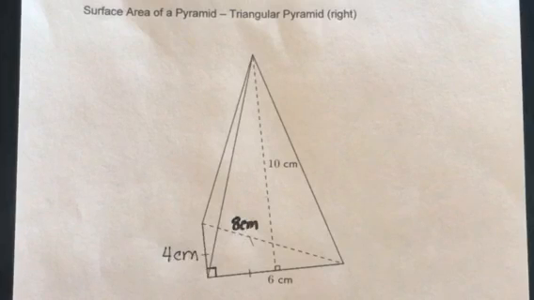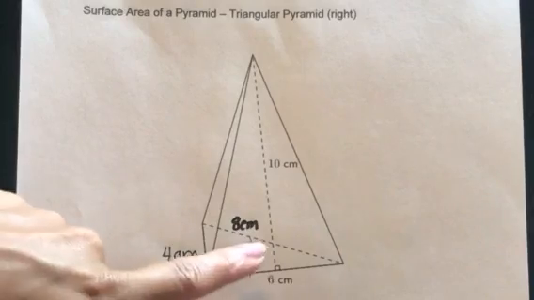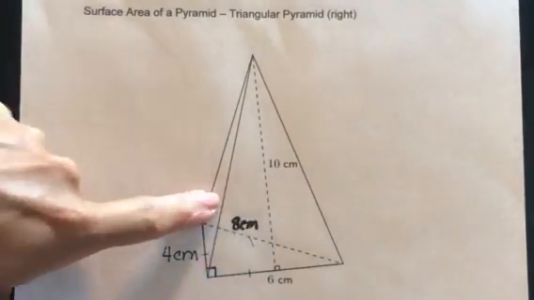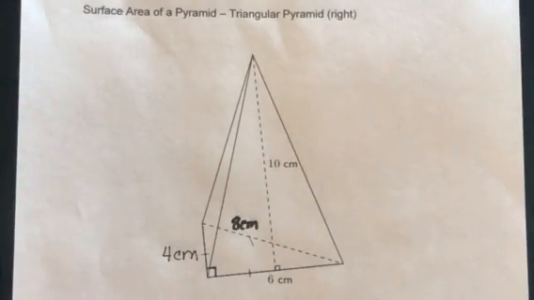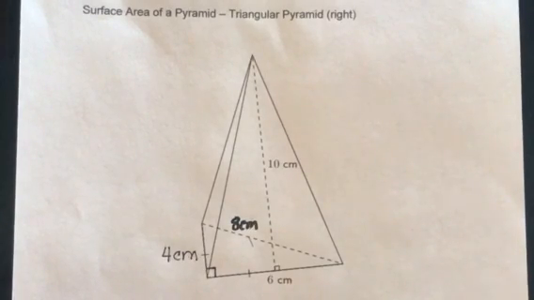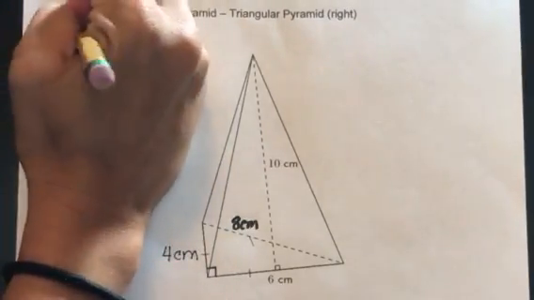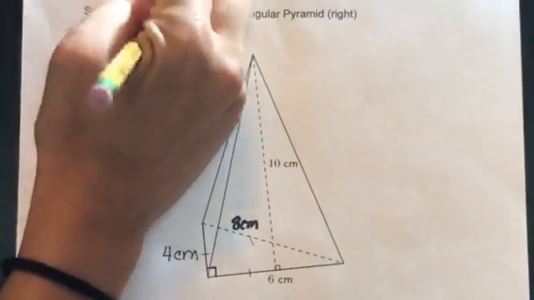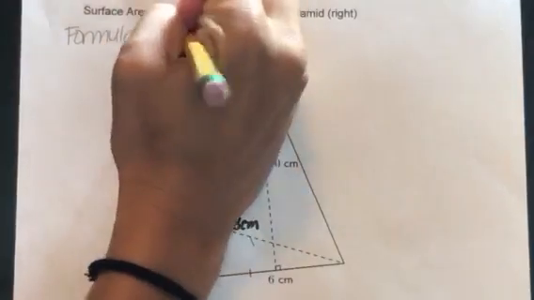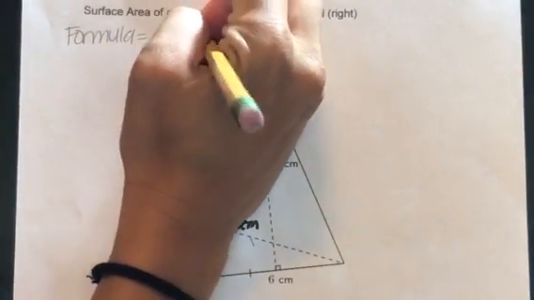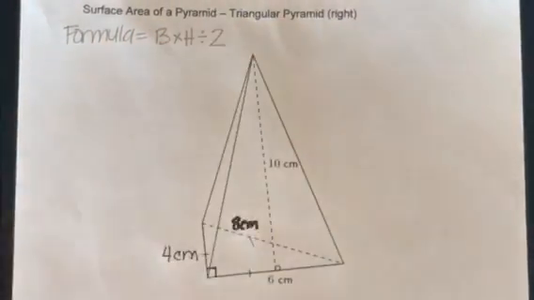So we are going to be solving for surface area, which is the area of all the faces, and specifically we're going to solve for 1, 2, 3, 4 faces. And all those faces are going to be triangles. So it's really important that when we start this, we remember the formula for a triangle. The formula for a triangle is base times height divided by 2.